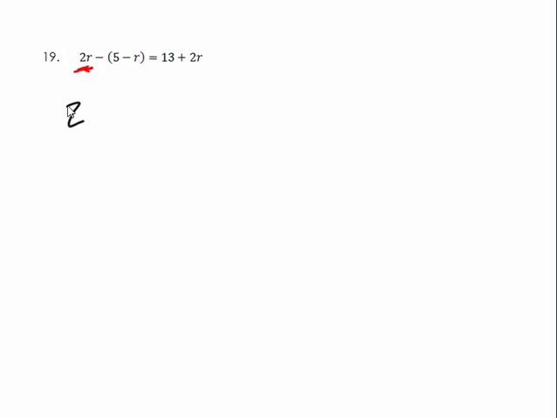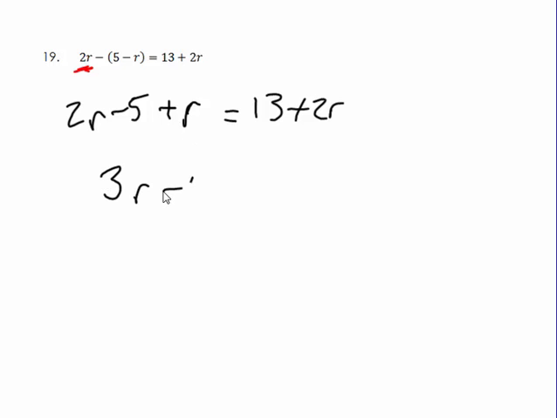So I get 2r, and again, distributing to the negative 5, minus 5, and negative 1 times negative r is plus r, equals 13 plus 2r. And now I need to combine like terms. So here I have 2r and 1r. So 2r plus 1r is 3r minus 5 equals 13 plus 2r.